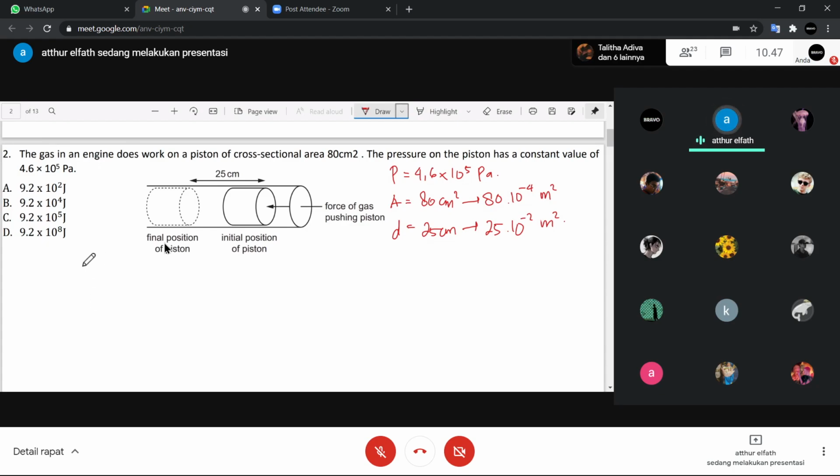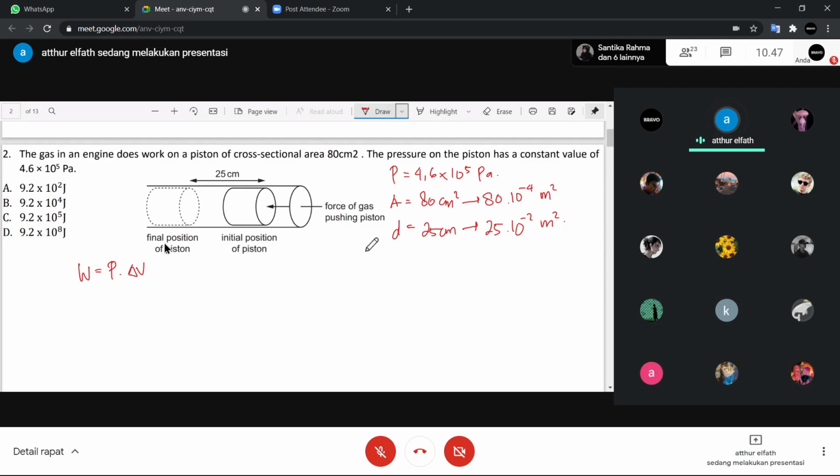Basically, work of gas can be calculated by this formula: work equals pressure times the change of volume. But we don't know the volume yet, so we have to find the volume first.